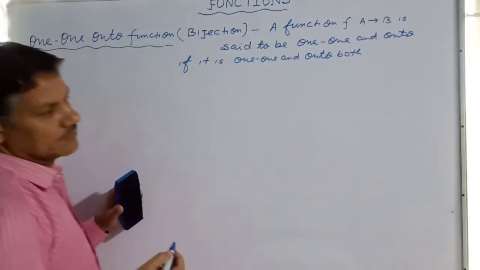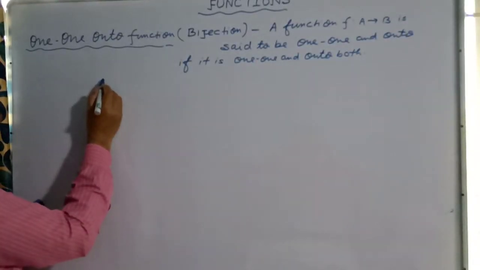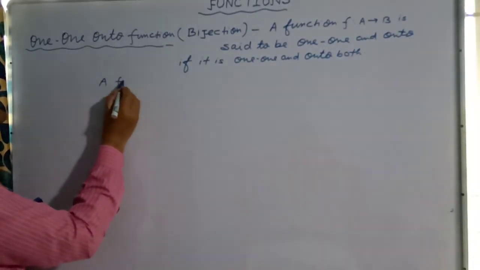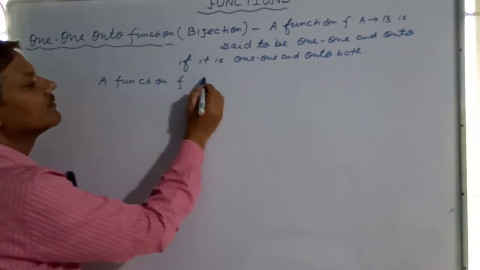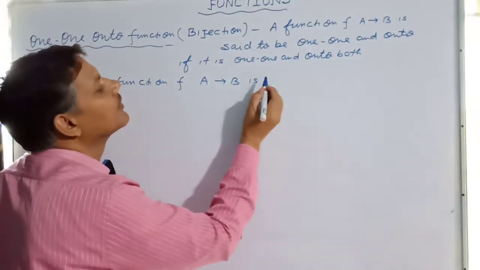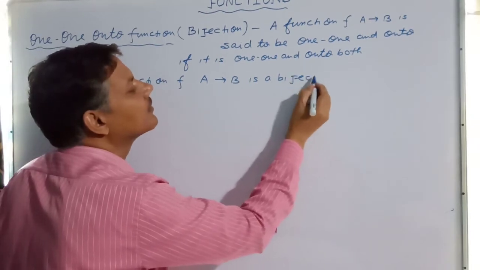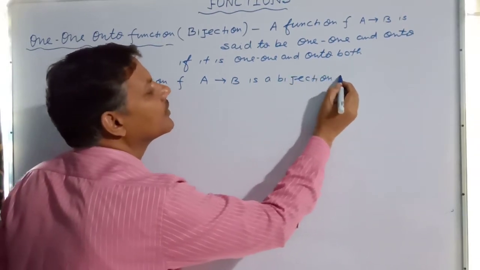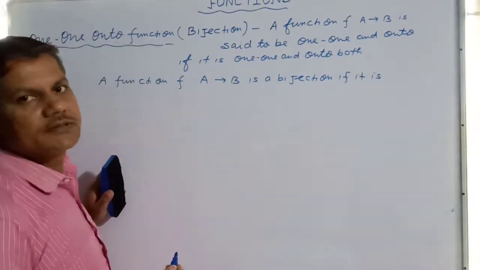It means, just clear it. A function f from set A to set B is a bijection if it is... how many conditions are there?